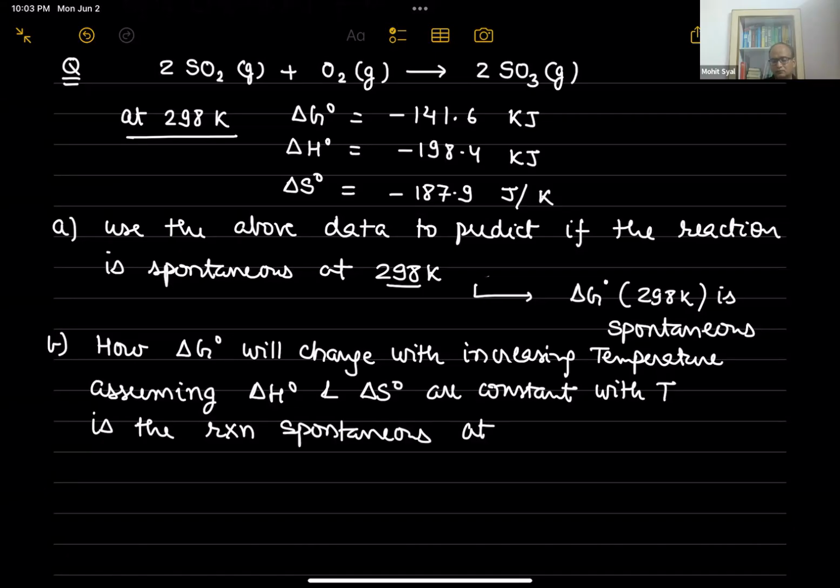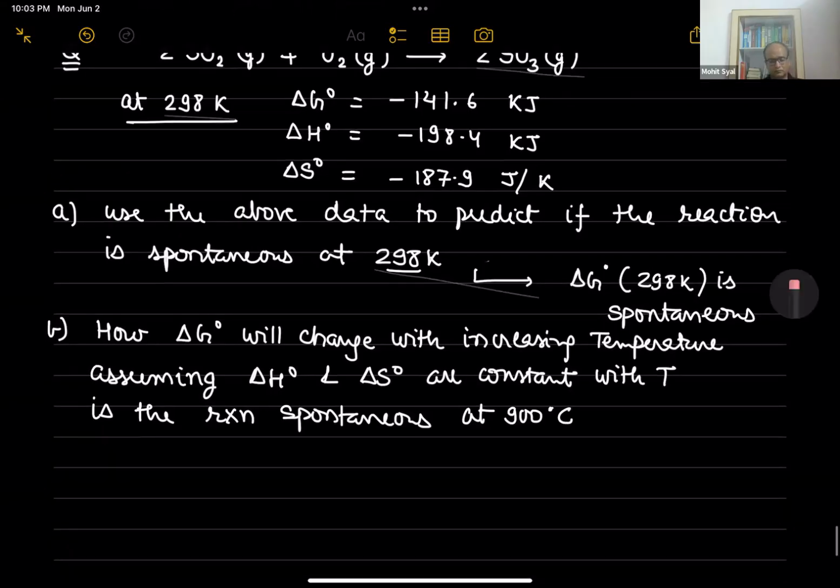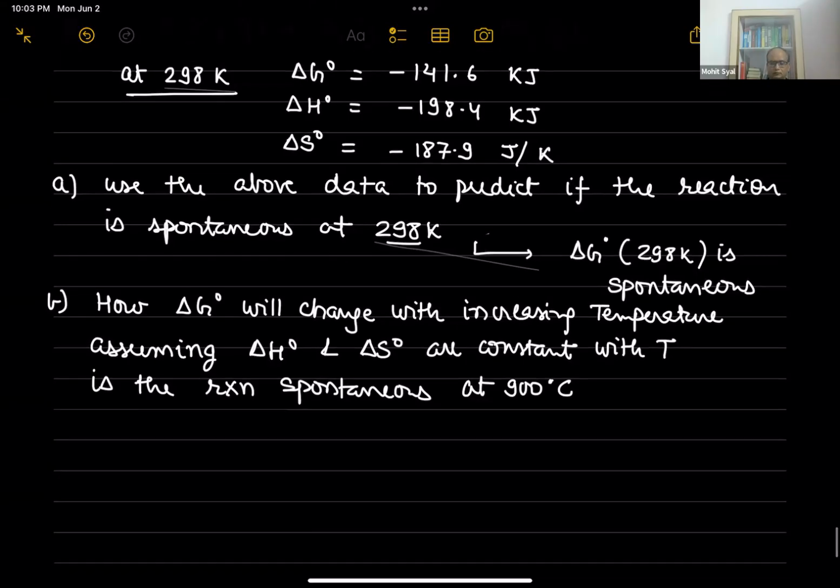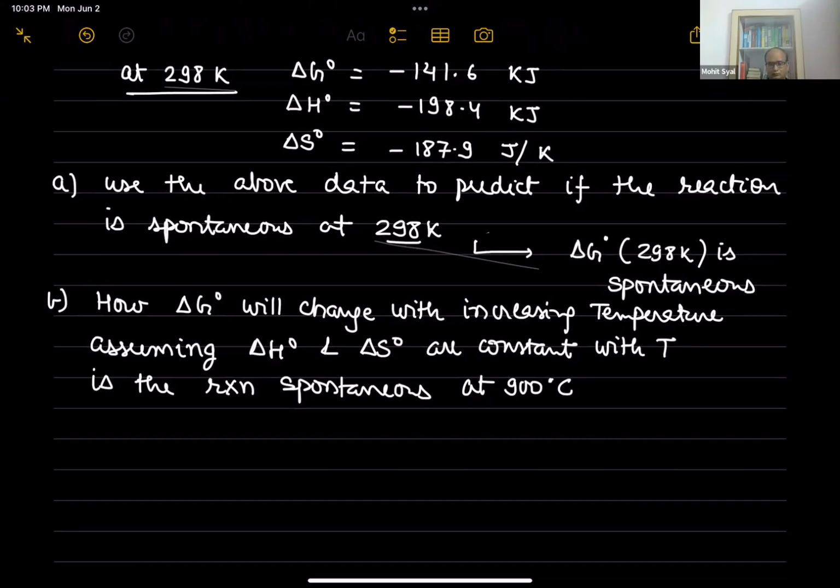The reaction is spontaneous because if the temperature increases, it will be more spontaneous, and delta G will be negative. So we need to look for both. At 900 degrees, if you are carrying it out.